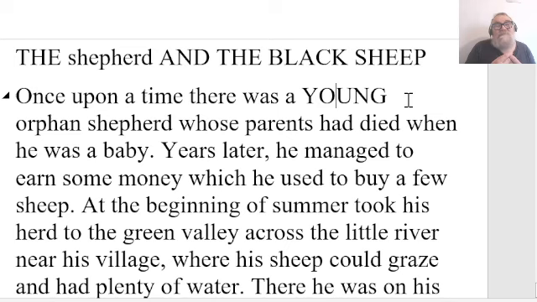Okay, a beautiful young 20-year-old orphan shepherd, or an orphan 20-year-old shepherd. I think I would probably put young 20-year-old orphan shepherd. But the most subjective to the most objective, and just try that word order and it nearly always works.